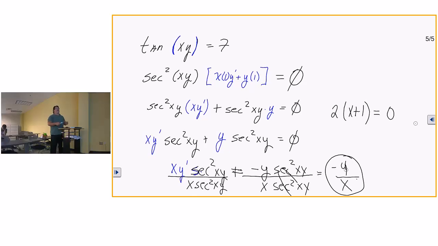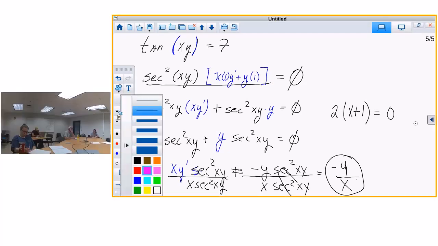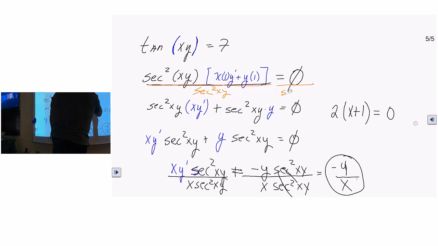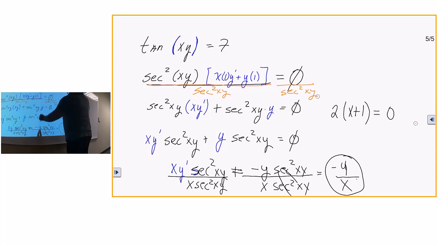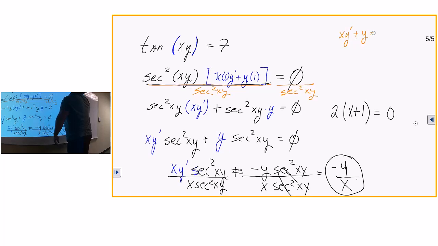Now, what if you divided by secant squared of xy on both sides? You get the same thing. So go over here, divide by, let's do it in orange. Divide by secant squared xy, and that's going to leave you with xy prime plus y is equal to what? 0.